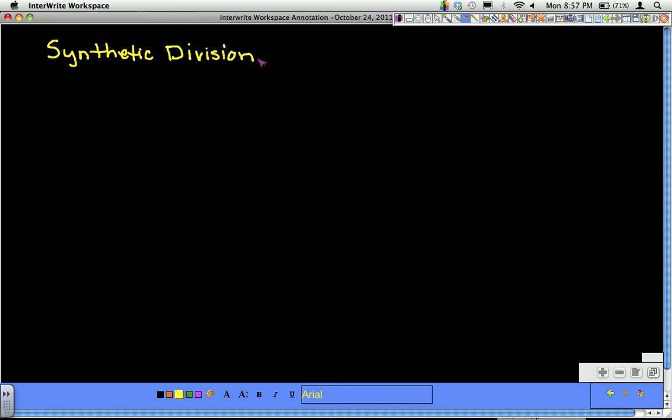Now, synthetic division can only be used in a couple circumstances. And the main one is if we end up getting something that looks like this.